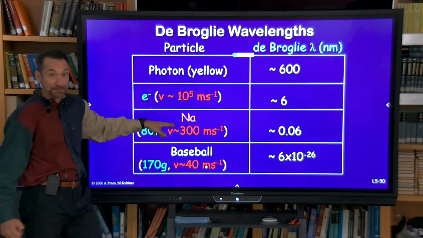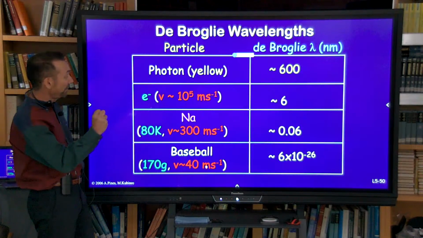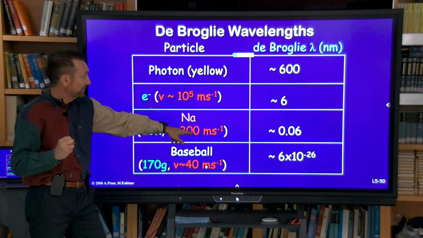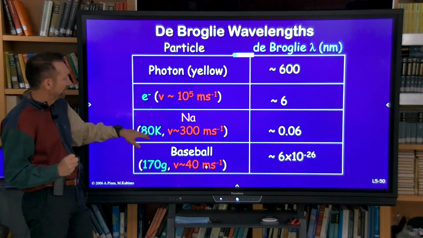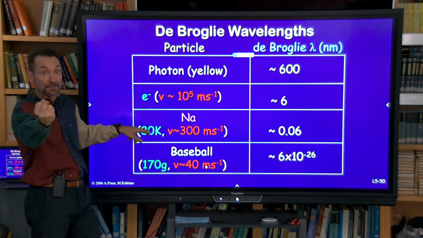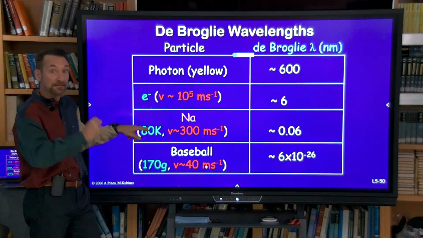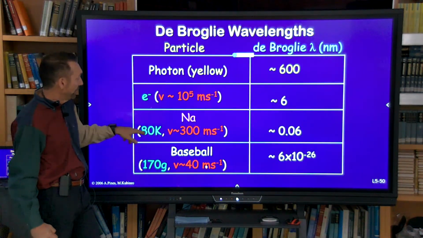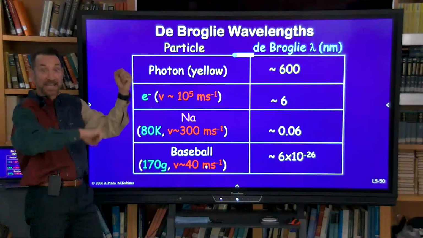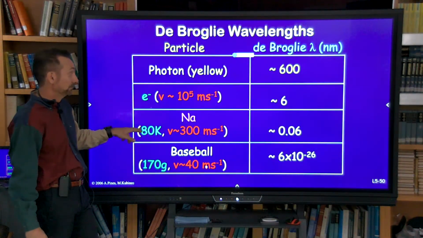Here are sodium atoms. These are still small, and if they're moving at 300 meters per second, a relatively modest velocity, that corresponds to 880 Kelvin. So temperature, speed, and velocity are linked. So this speed corresponds to about 80 Kelvin, pretty darn cold.